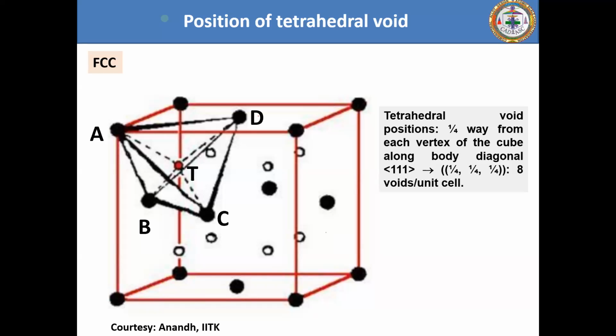But sir, here we make the origin at A. Fine. If I make it at A, then what will happen? Then, sir, the distance from the origin of the void is 1 by 4. Yeah, okay, very good.